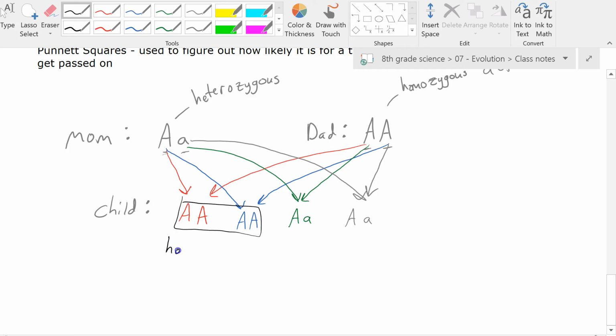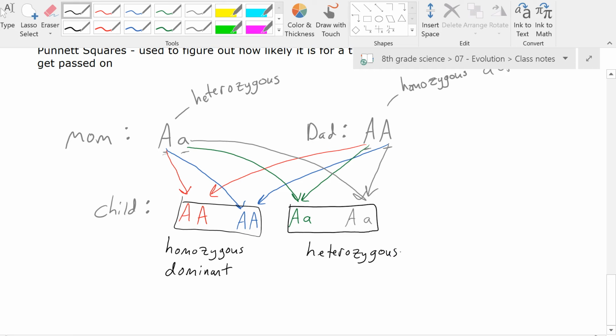That is homozygous. So they're both the same, homozygous for same, and then dominant because it's all big A's. So that's just like dad. Or these two are the same. These are both heterozygous. Hetero meaning different.